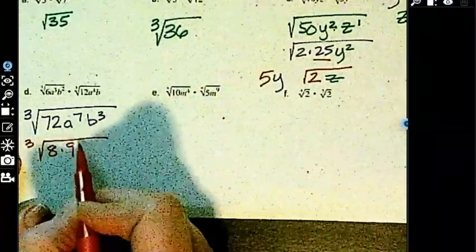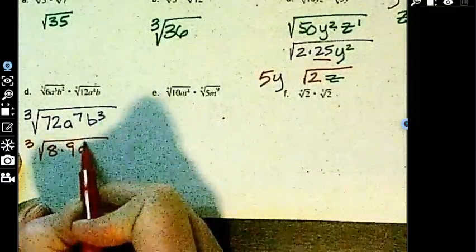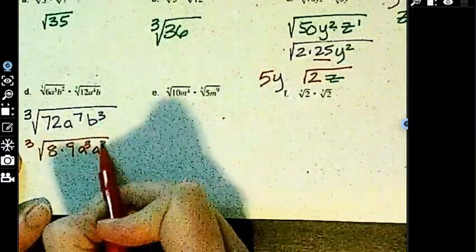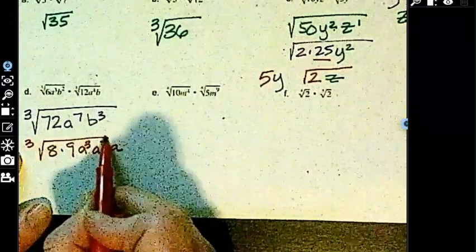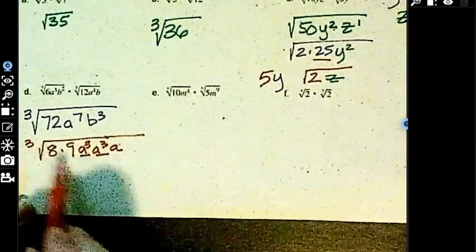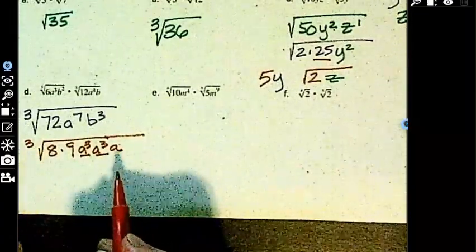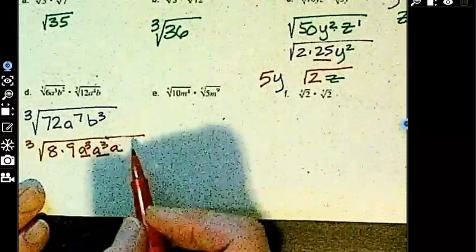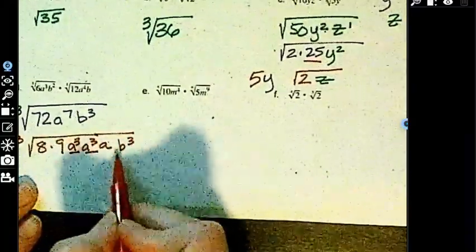And then a to the 7th is really a cubed, that would add up to 7. And I could take out 2 a's because the cube root of a cubed is a. And then here, b cubed, I can just take out.